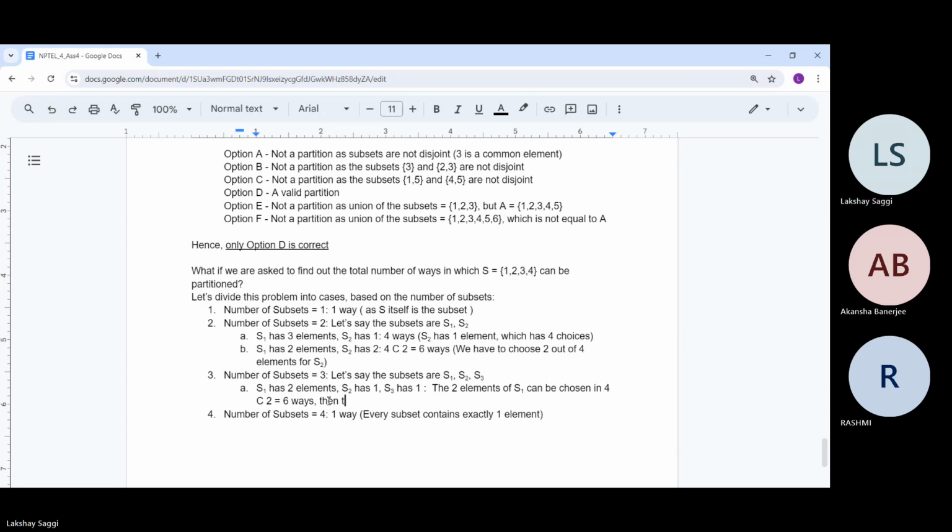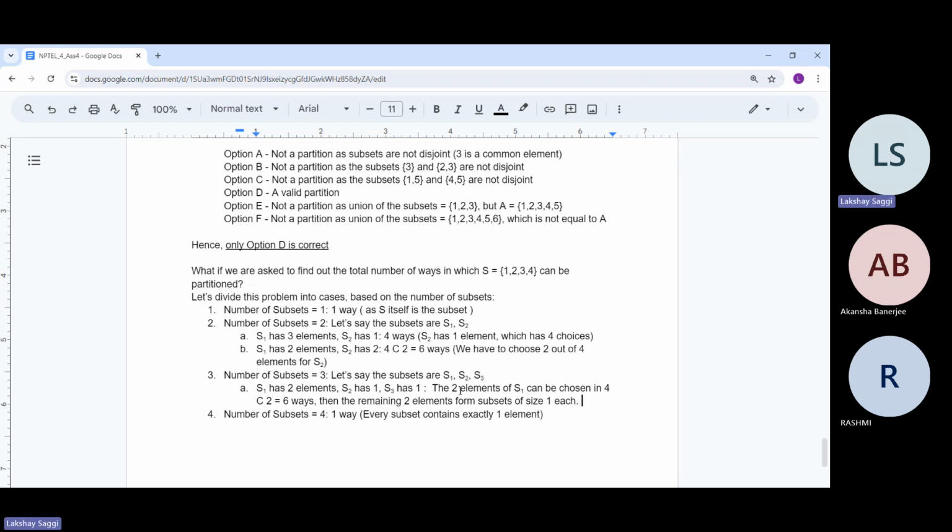So the remaining two elements are divided one each into S2 and S3, or form subsets of size 1 each.